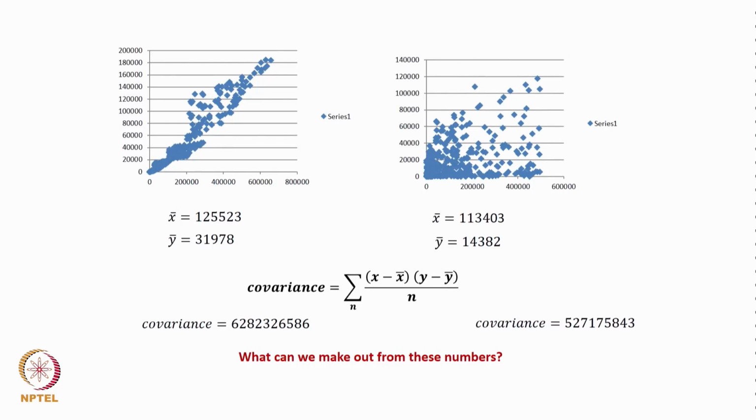We quickly calculate the number of digits and then realize that there are 10 digits in this number and 9 digits in this number. Therefore, this shows a higher covariance compared to this data. So, what do we make out from these numbers? Generally, what we can make out is if the covariance is higher, there could be some association with the data, and between comparable data sets, the one that has higher covariance seems to have association.